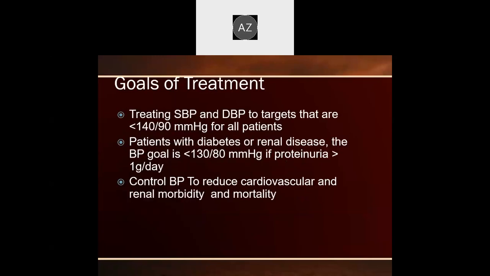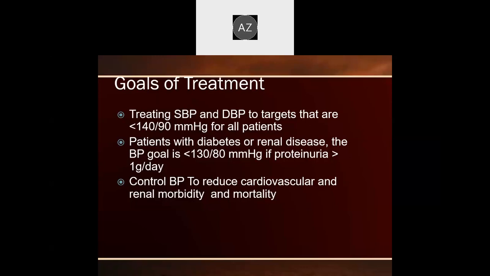So the goals of treatment, you need to maintain blood pressure of systolic 140 and diastolic 90 for all patients. Patients with diabetes or renal diseases, the goal is 130/80. This is because you already have comorbidities. You don't need to have these.